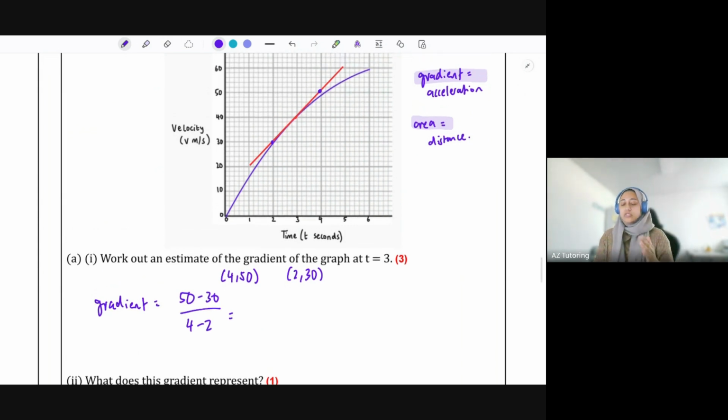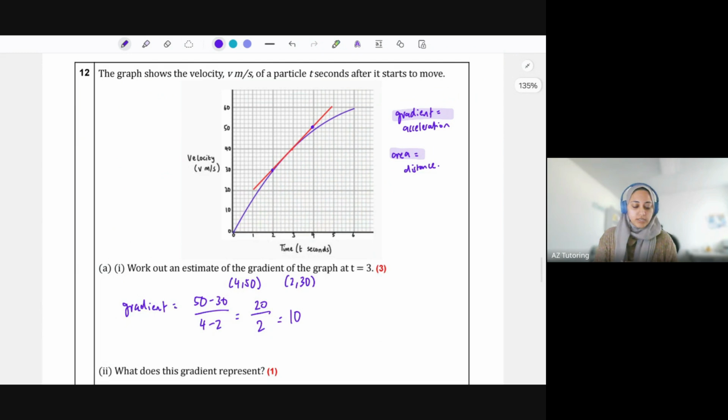I'm expecting a positive answer because it's a positive gradient. So if you got negative, that's completely wrong. 50 minus 30 is 20 over 4 minus 2, 2. So just 10, I guess. So that's an estimate of the gradient, 10. But I'm pretty sure they would accept a range of answers for this one. But yeah, I've got 10 for that one.